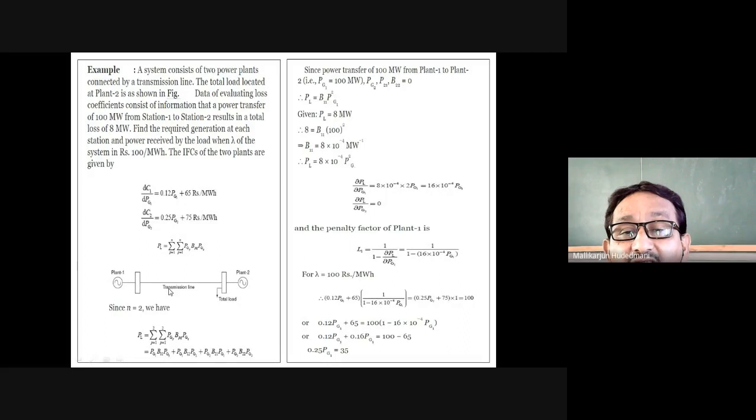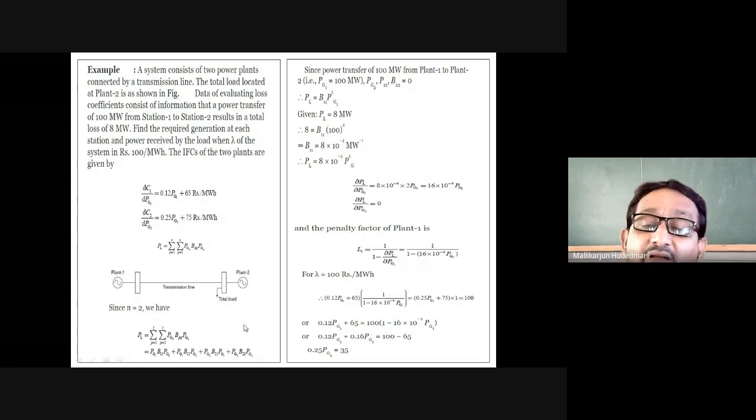Suppose the load is on plant number 1. In this equation, wherever the B coefficient subscript has a 1, that value goes 0. This is what you need to remember.